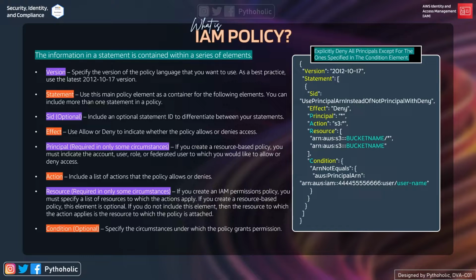Let's suppose you want to check if a request actually comes from a certain IP range. Then you can add a condition with an IP address with a particular CIDR block. When you add that condition, every request that comes from any source will be checked on whether it comes from that particular IP range, and if it does, then only it will allow it or deny it.